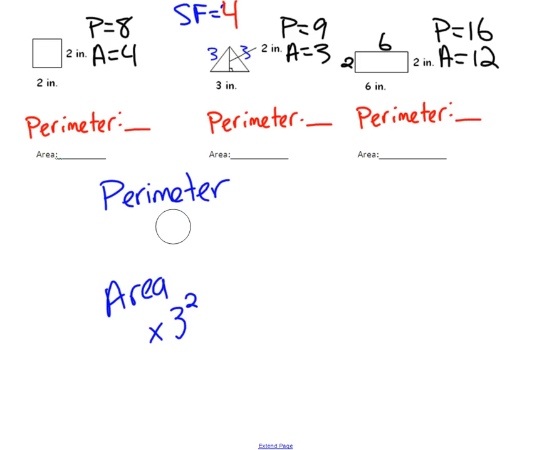But now what are we going to multiply the perimeter by to get the new perimeter? Times 4. To find the area would be times 4 squared. Okay. So let's get this done pretty quickly.